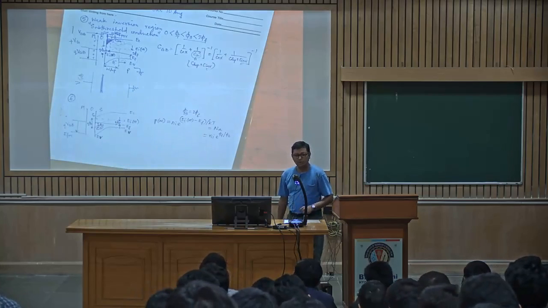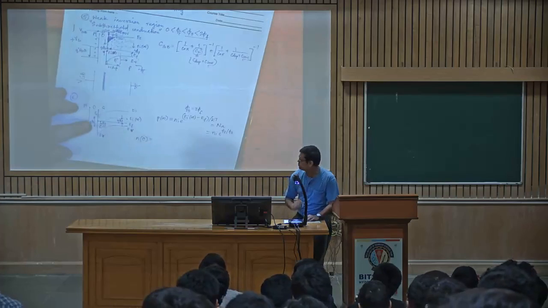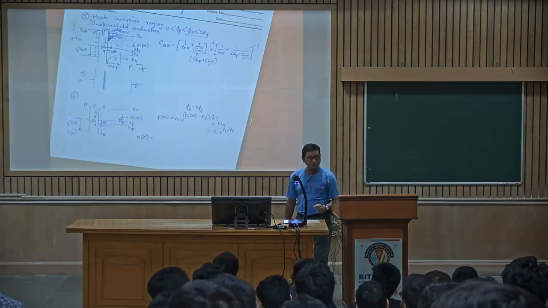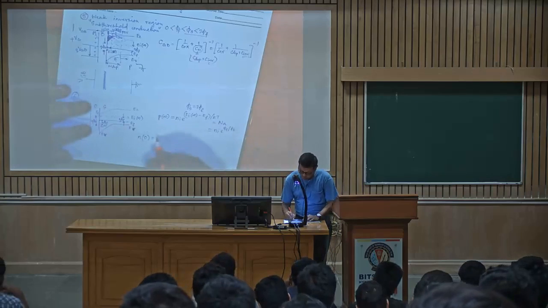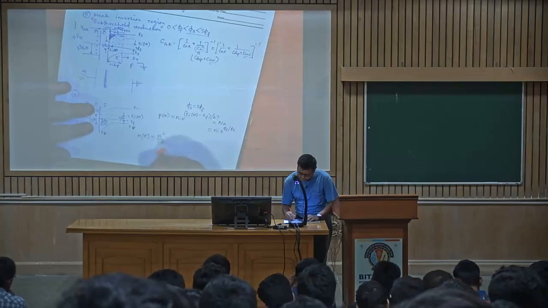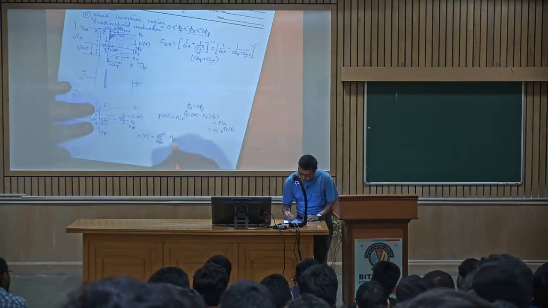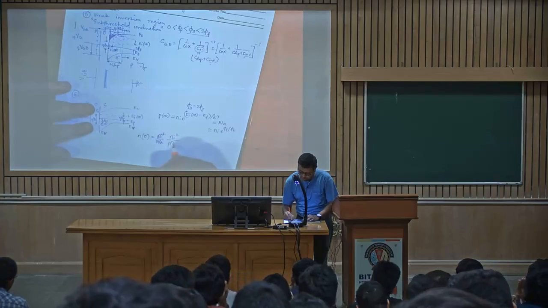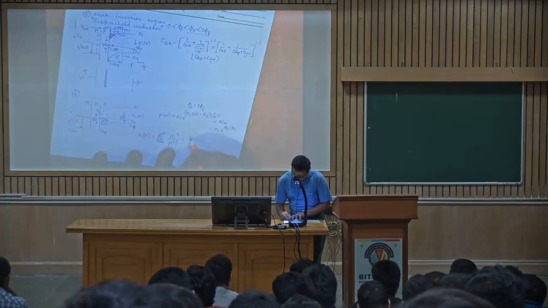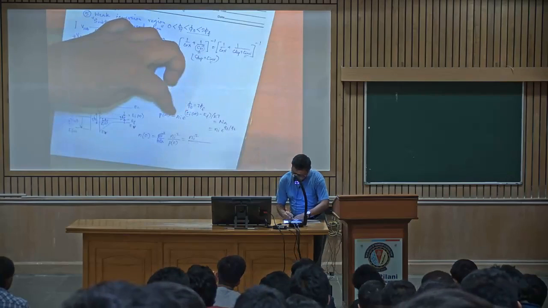Nice. What is the value of N0 now? The number of free electrons at the surface. How will you find it? What will we put here? Ni square by Na. Let me just put it as Ni square by P0. Okay? Ni square by what was P0?